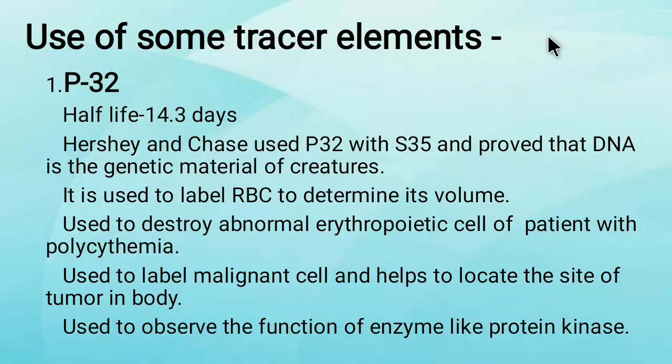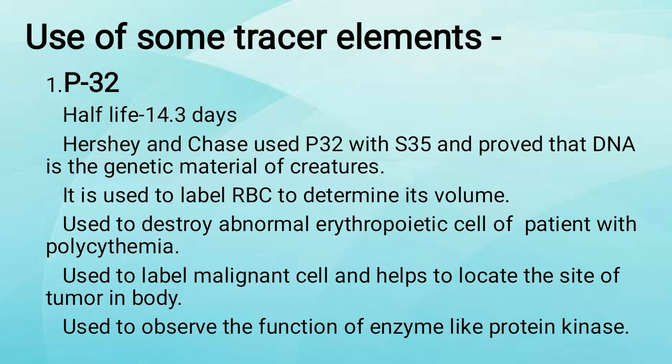Now we will see the use of some tracer elements. P32. Half-life of P32 is 14.3 days. Hershey and Chase used P32 with S35 and proved that DNA is the genetic material of creatures.